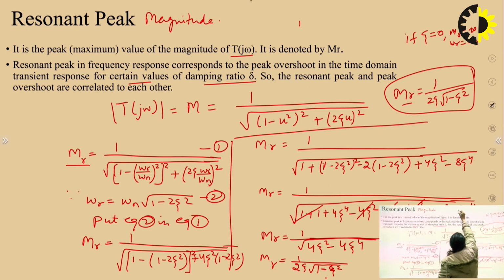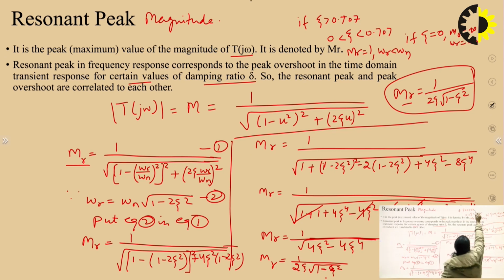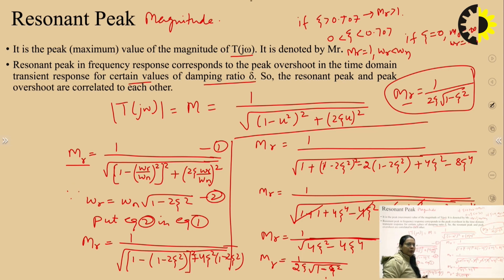But if zeta lies between 0 to 0.707, then omega r is less than omega n, and MR will be greater than unity. For zeta greater than 0.707, MR is equal to unity. So this is the derivation of the resonant peak magnitude and the resonant peak frequency, resonant frequency.